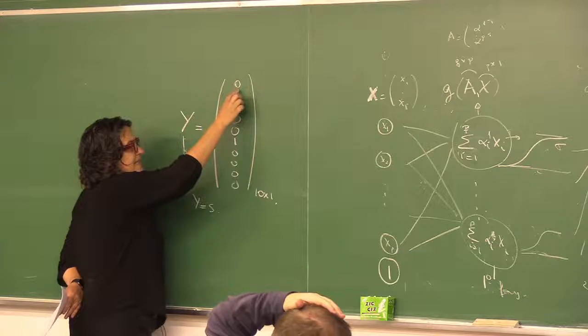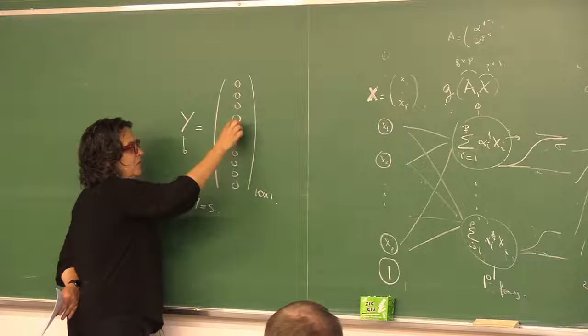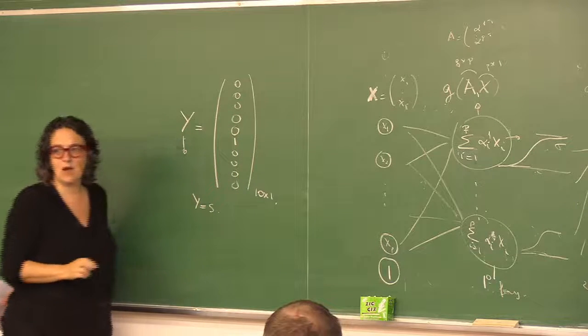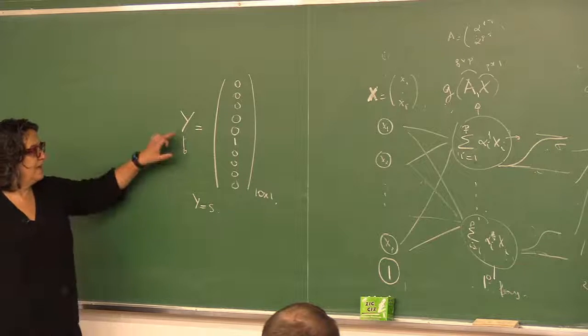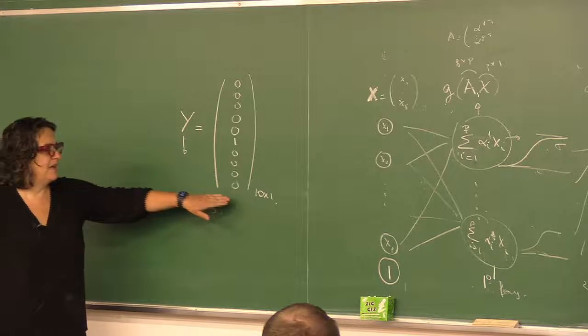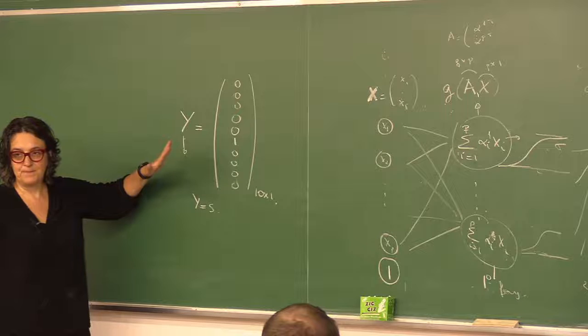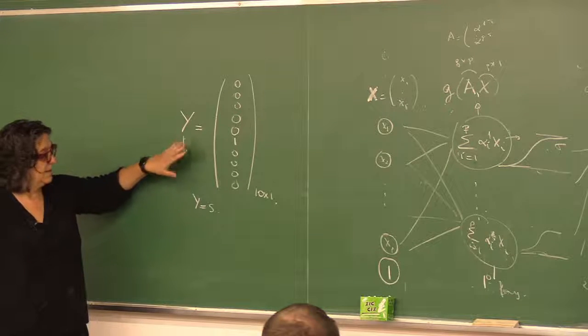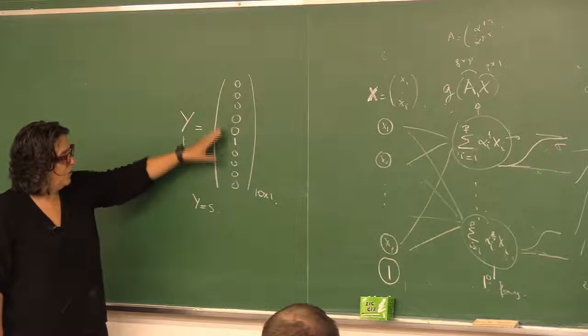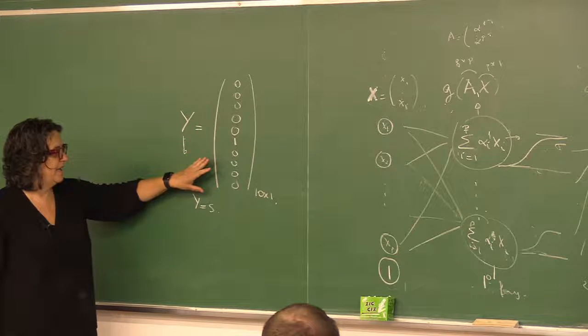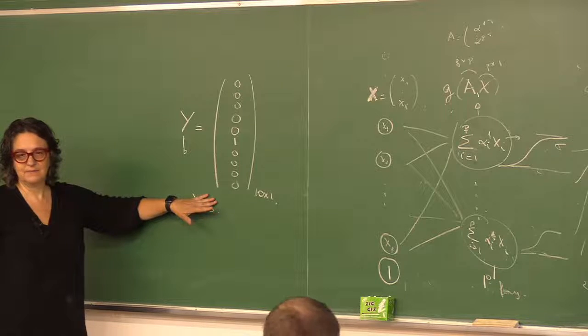It's not in class 0, it's not 1, it's not 2, it's not 3, it's not 4, it's 5. This is the one hot notation. This is going to be my Y. My Y is going to be 10 dimensions. It's a 1 only where you have the class that represents the class.